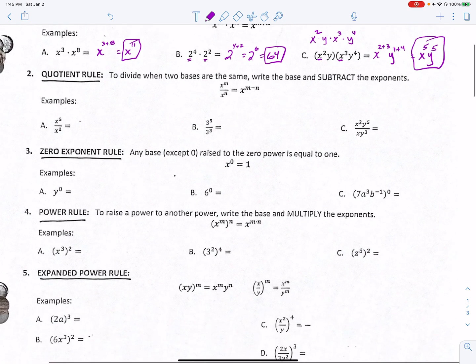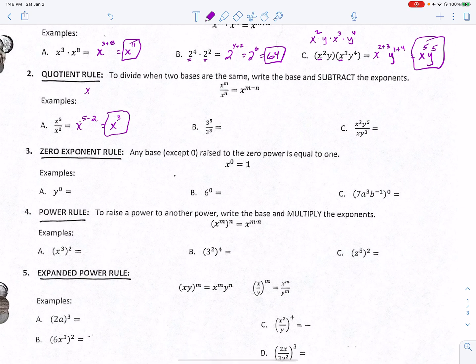Quotient rule. When you're dividing with like bases, you subtract the exponents. So in part A, you have a base of x, and you're dividing, so you end up subtracting the exponents. You get x to the 5 minus 2, or x cubed.